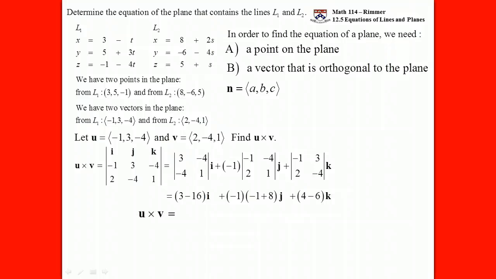If you happen to notice that the i, j, and k components of your cross product all have something in common, you can factor that out. All that's doing is making the cross product vector have a different length. It's still normal, and remember this is supposed to be your a, b, and c.